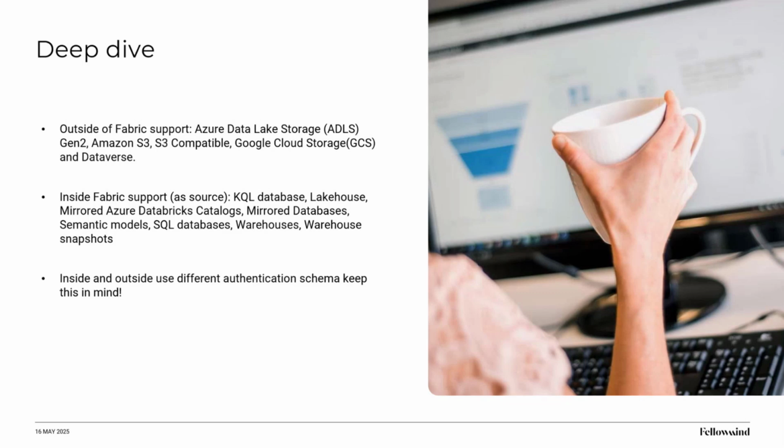Then also Amazon S3 and all S3 compatible file services, and then Google Cloud Storage and Dataverse are at the moment those that are supported. And then inside Fabric, as a source, you can shortcut KQL, lakehouse, mirrored Azure Databricks catalogs, mirrored databases, semantic models, SQL databases, warehouses, and warehouse snapshots.